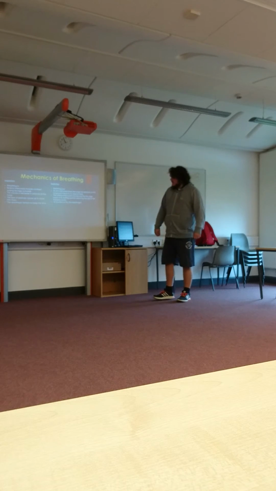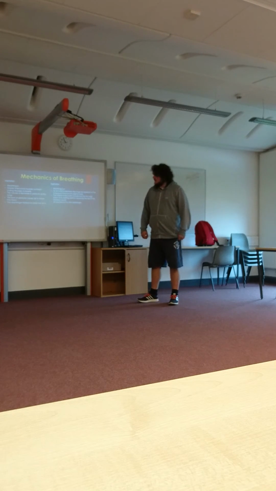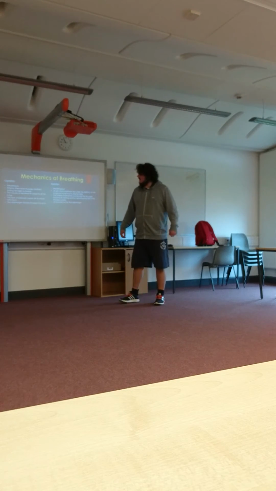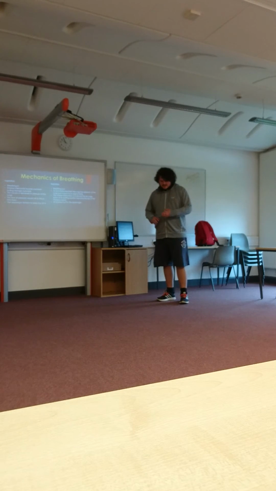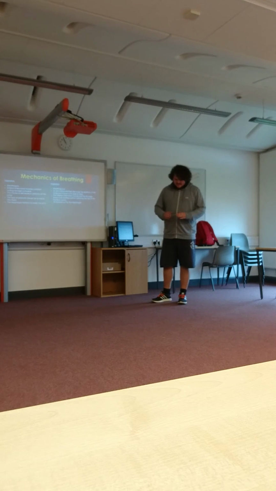The mechanics of breathing. So for inspiration, which is the inhalation of air, your exterior intercostal muscles will contract. The reason why it's your exterior and not your interior intercostal muscles is because muscles can only pull. So instead of your interior muscles pushing out, your exterior muscles can pull out.